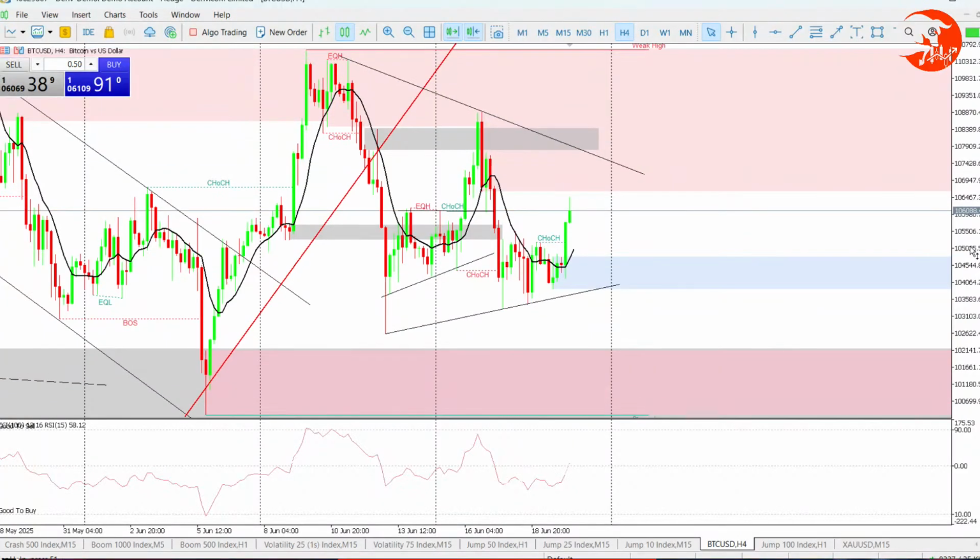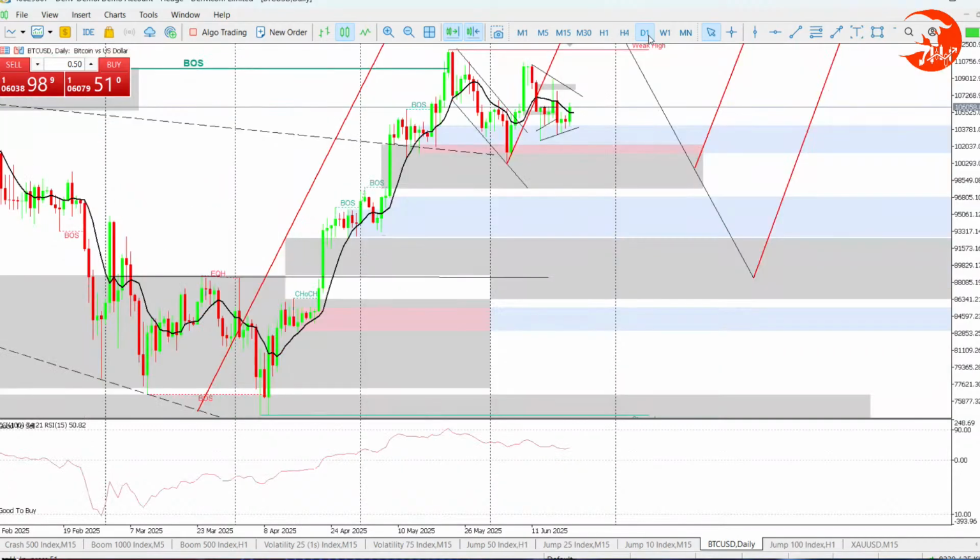So we know we are still in an uptrend. As far as the daily time frame is concerned, we haven't gotten any change of character to get into sales, or seen a reversal.